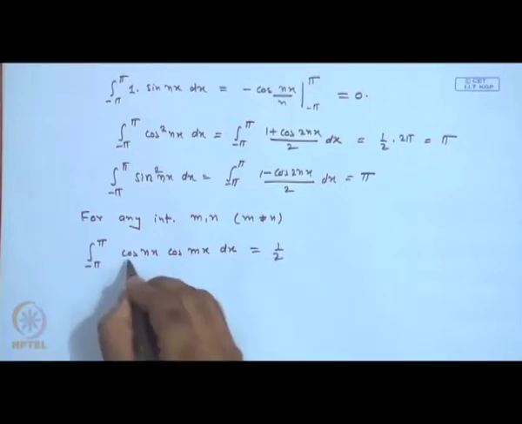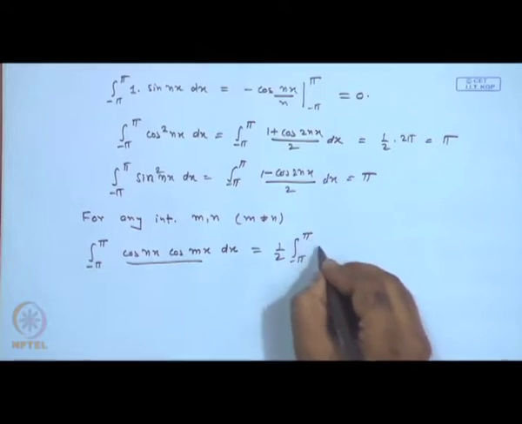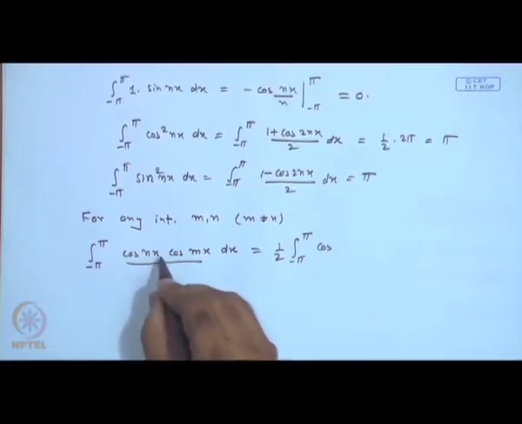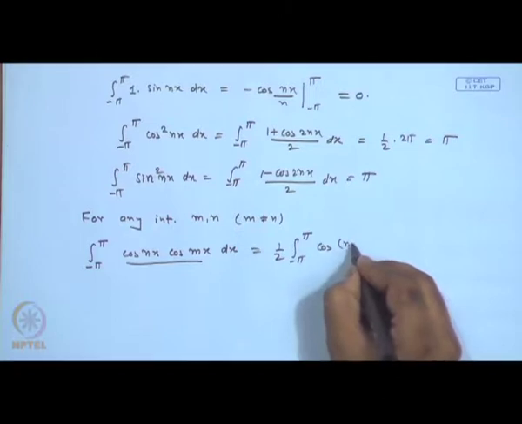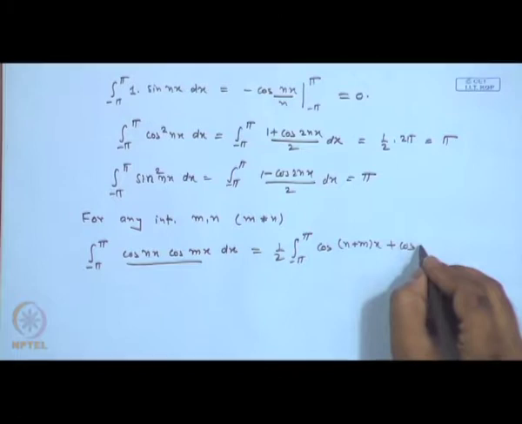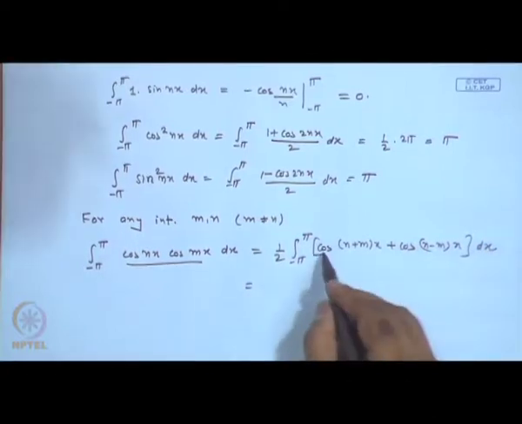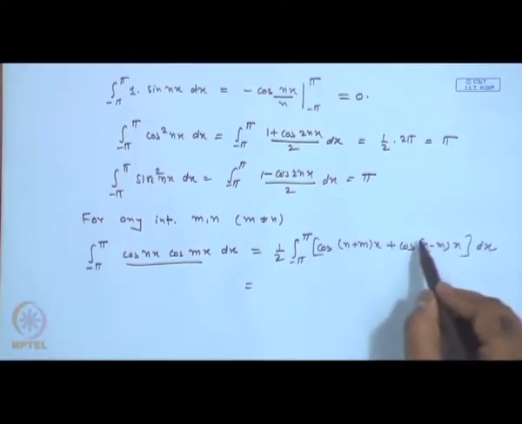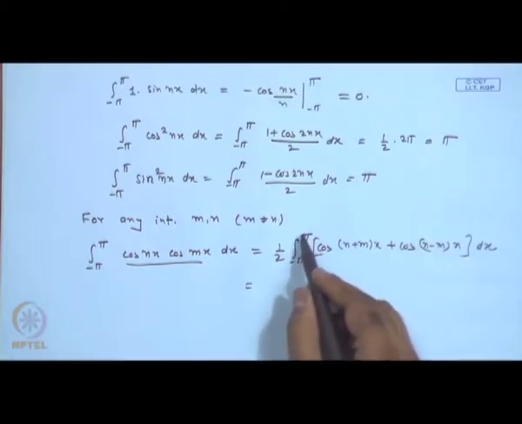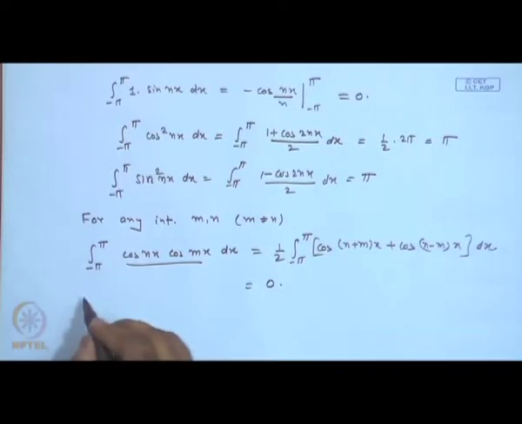So, we can write 2 cos nx cos mx as cos (n plus m)x plus cos (n minus m)x, and then dx. Again we have sine after this integration, and here also we have sine. In that case, pi and minus pi both will give us 0.